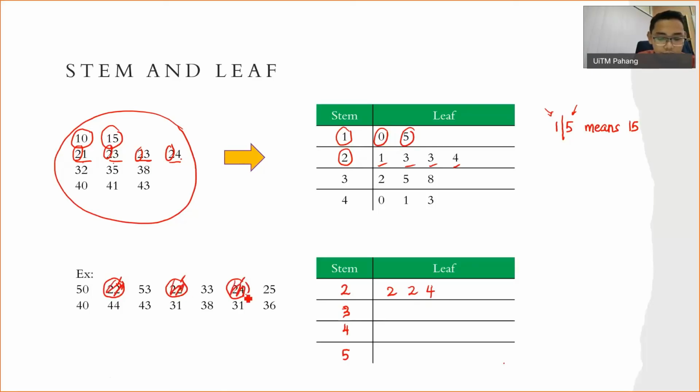Okay, now you have the 33, 31, 38, 31, right? And 36. So of course you have 1, 3. Sorry, another 1. 1, 1. And then you have 3, and then you have 6, and you have 8. 6, 8, right? So that's how you build your stem and leaf.